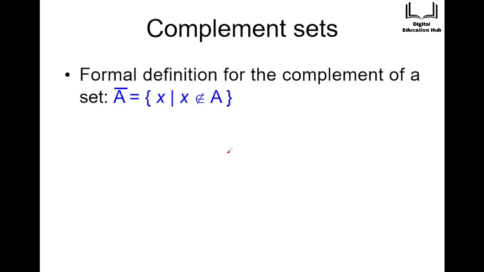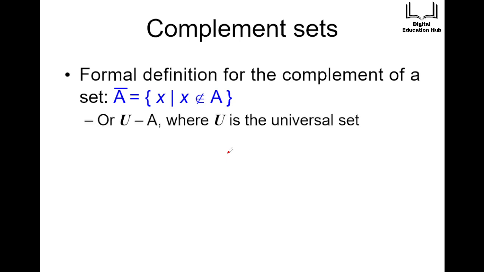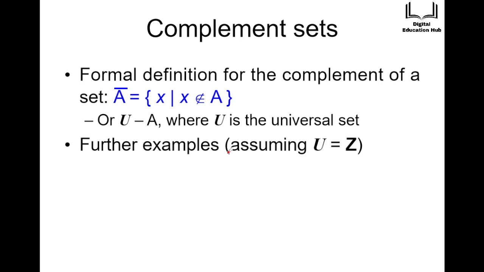Now what is the formal definition? The formal definition says that A complement is equal to X such that X is not a member of set A. So here it also can be represented as U minus A, that is universal set minus A. For example, suppose we consider the universal set as the set of integers.